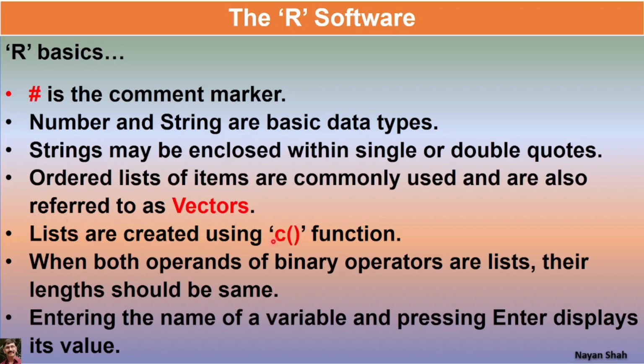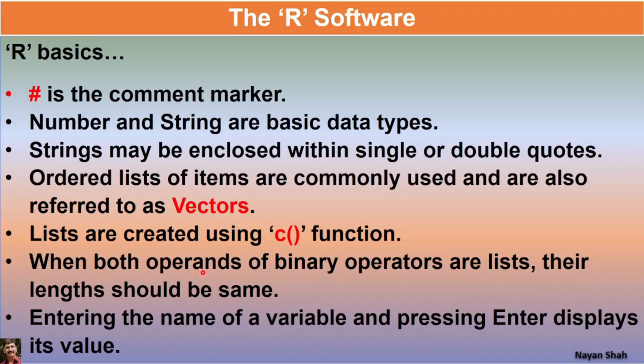Lists are created using the function C. This is function C, and because it is a function, it is followed by open and close brackets. When both operands of binary operators are lists, their length should be the same. Maths students, science students would know this, that when you are using two vectors, both should have the same length.